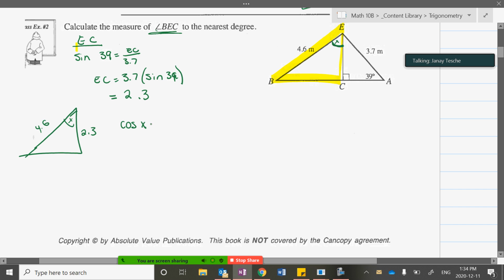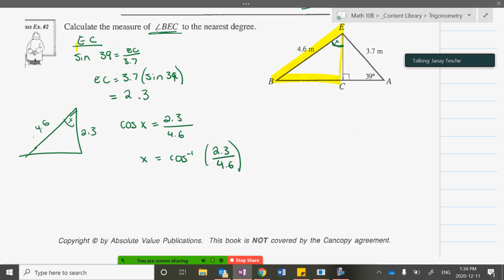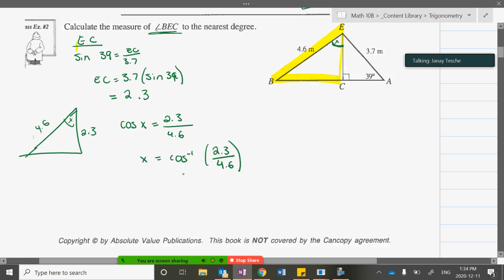The cosine of x is going to equal adjacent 2.3 over our 4.6. So this is where we have to use our inverse. So we go inverse of cosine of 2.3 divided by 4.6, and we get 60 degrees.